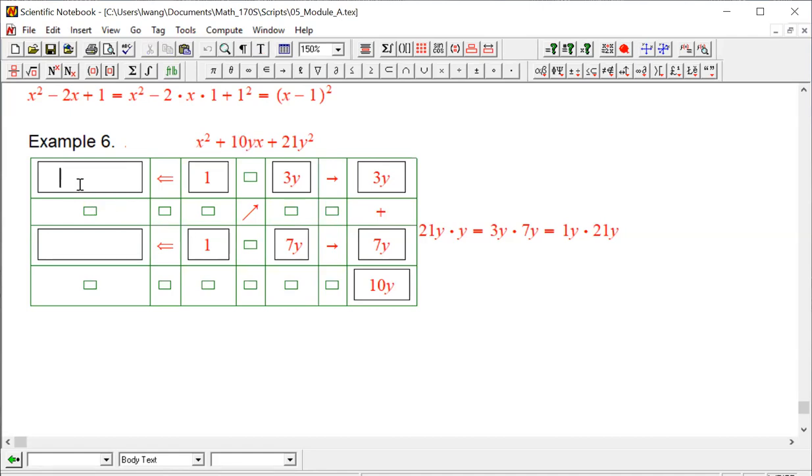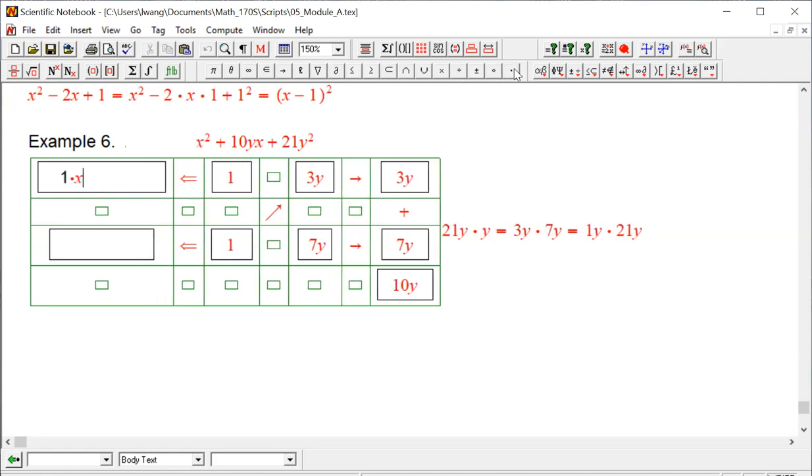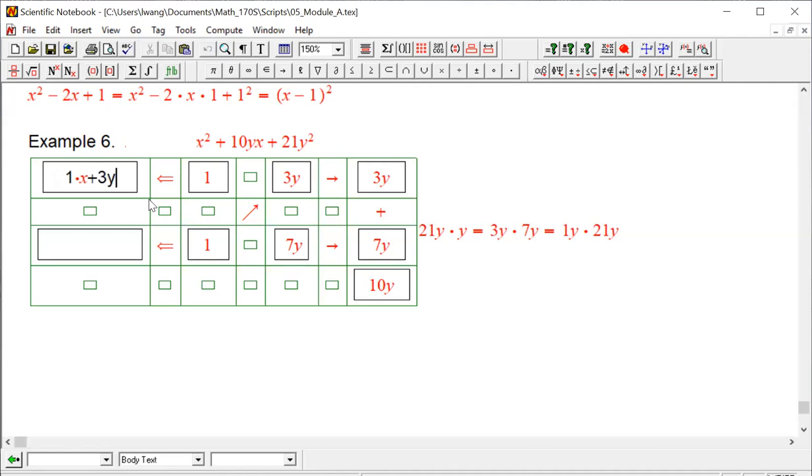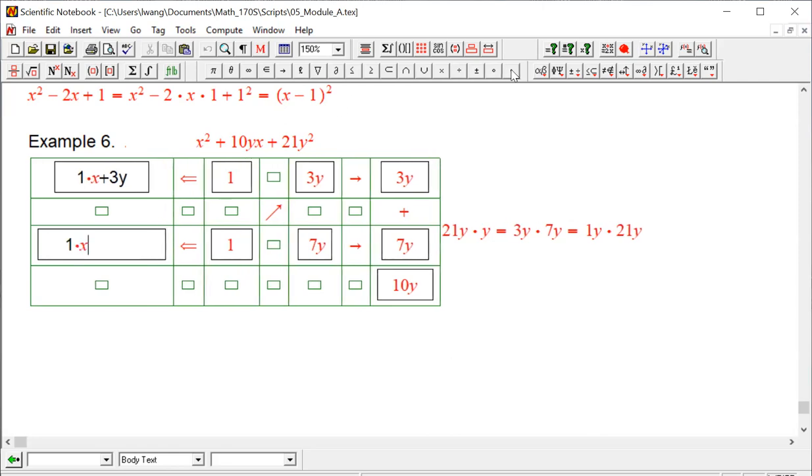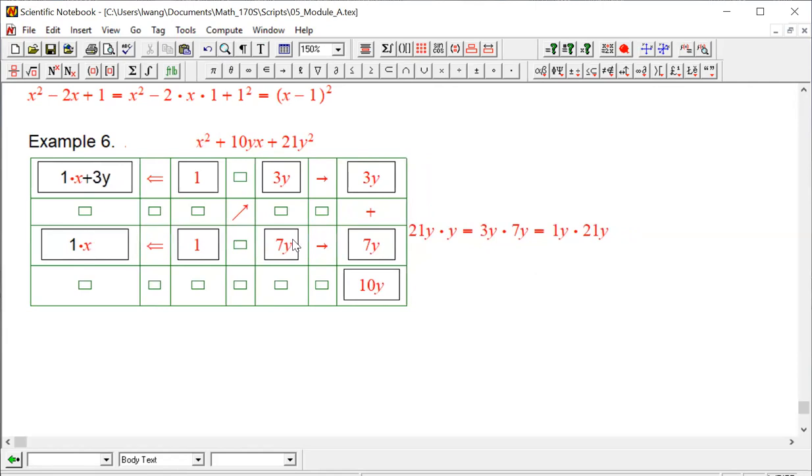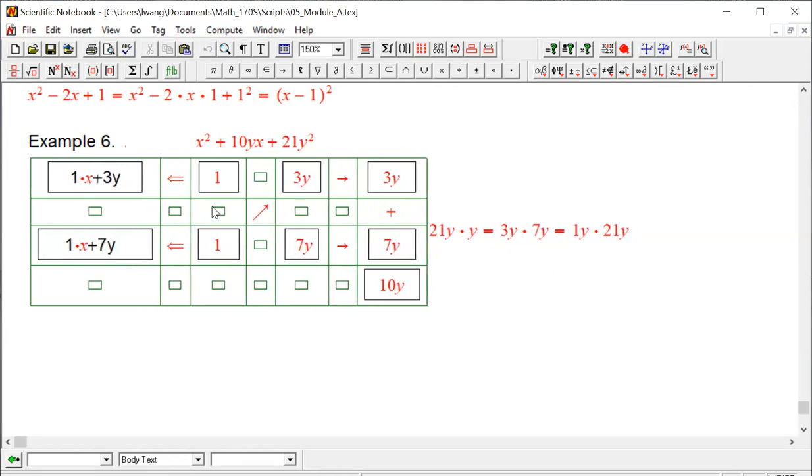Okay, this time composing the factors, we have to be very careful because x is the primary variable. So we're going to put 1 times x plus 3y. And this one goes here, this one is going to go there. So 1 times x plus 7y. There you go.